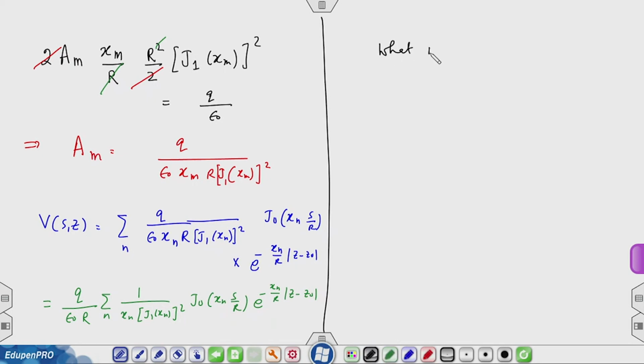Let me now give you a question. What will be the potential if the charge was at s0 and z0?